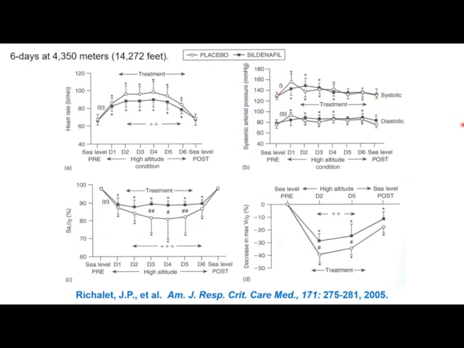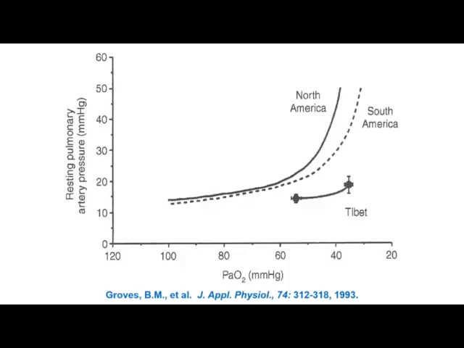Blood pressure doesn't really seem to change that much. This is systemic blood pressure. And the decrease in maximal O2 consumption, you can see here, is less with those who are treated with sildenafil. This all suggests that increased pulmonary artery pressures contribute to some of the limitations at exercise.